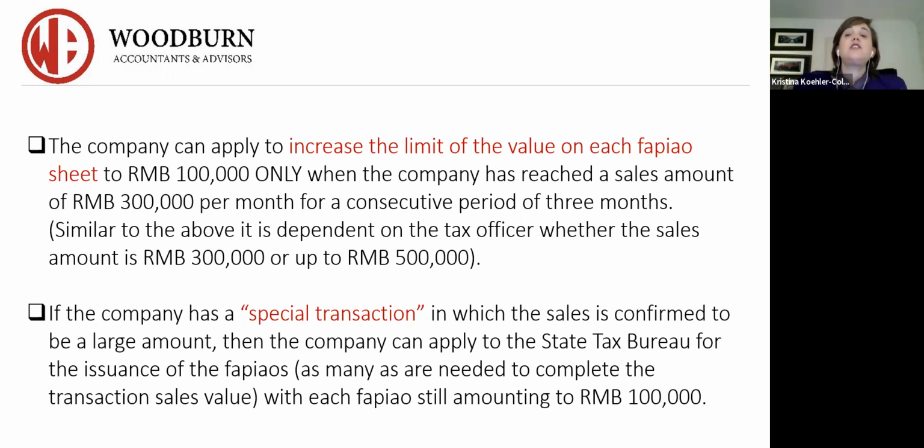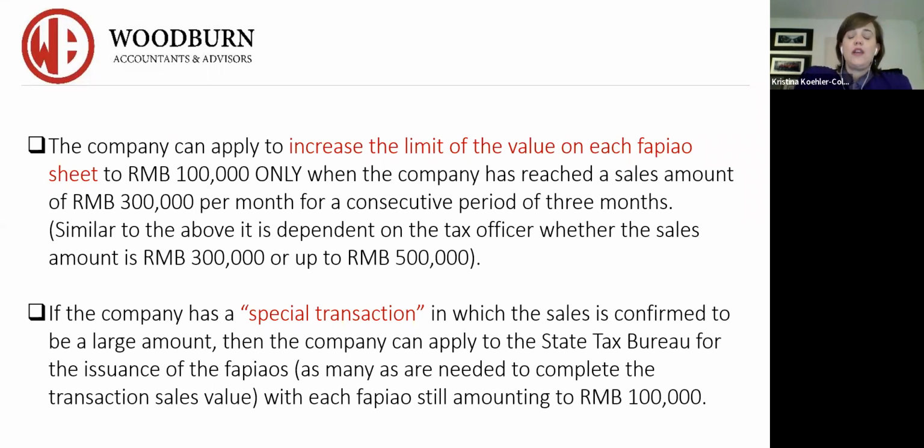Then you will be able to go to the next level where you will be able to issue a Fapiao worth 100,000 renminbi. So it does get complicated. They are doing it because there is a black market in China regarding Fapiaos, so they're trying to control the issuance of these sheets.